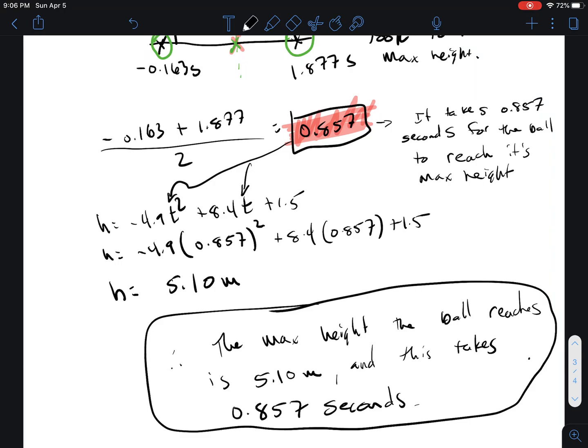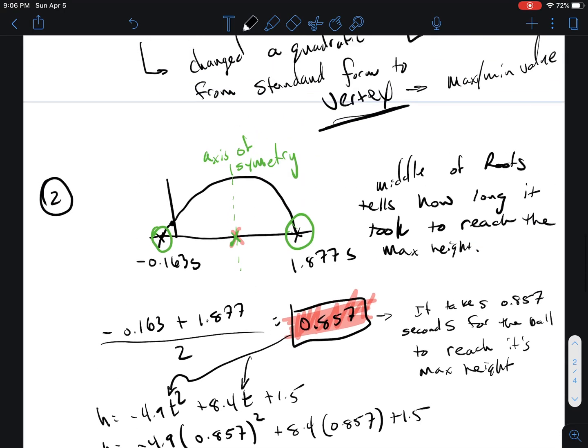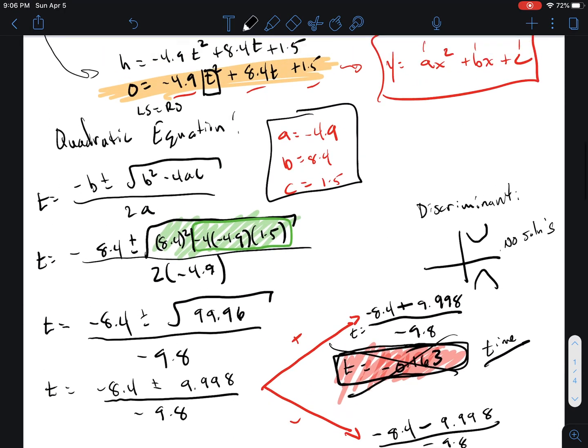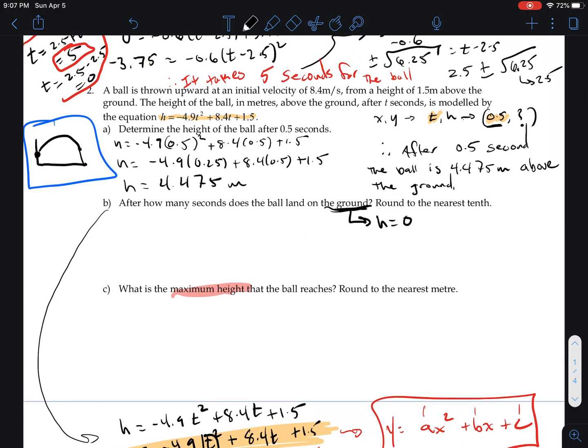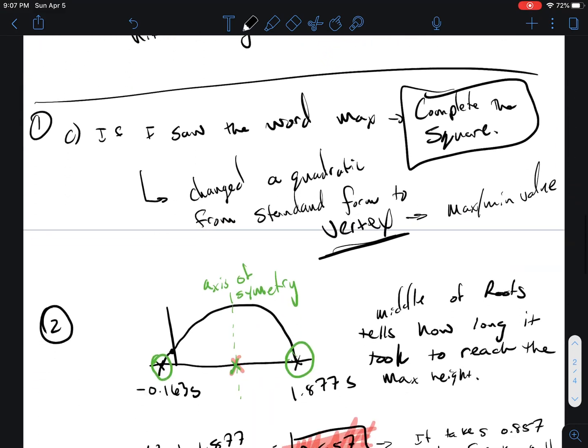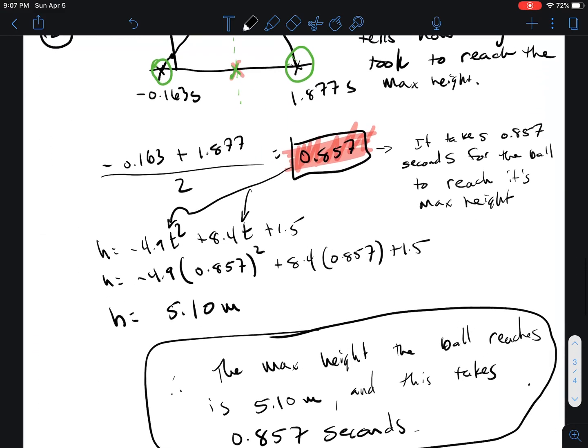You guys should be able to answer some questions about basically what we've done in this lesson. Can you tell me how far a ball goes? Can you tell me what height it is fired from? And can you tell me what the height of anything is after some amount of time, right? You should be able to do all of these things, okay?